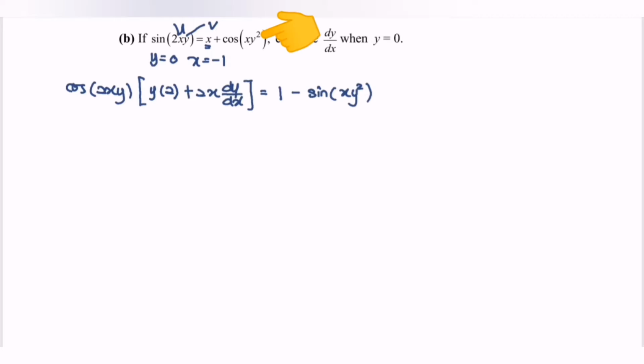Let u be x and v be y squared. So bracket, we have y squared bracket 1 plus x, differentiate y squared, we will have 2y dy dx.